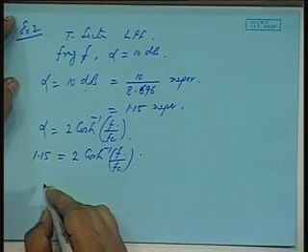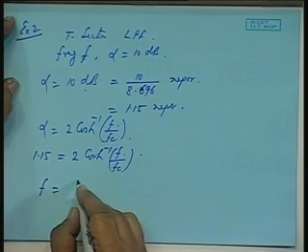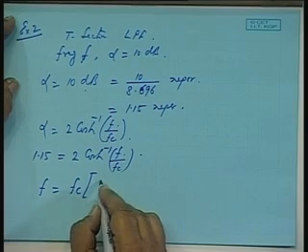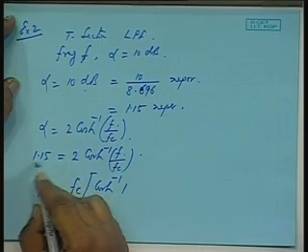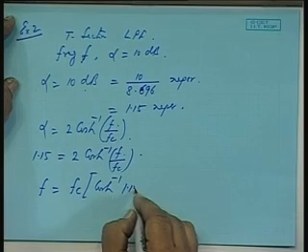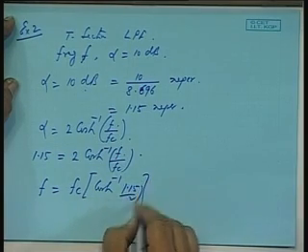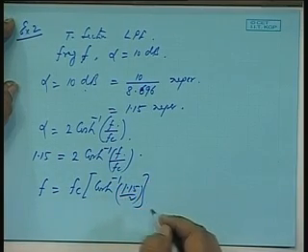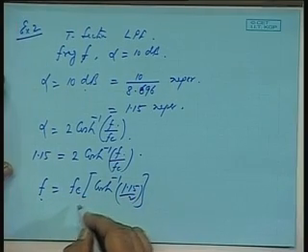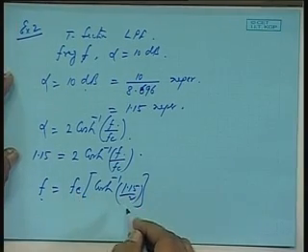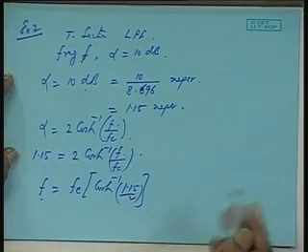So, from here you can see f will be f c into cosh of 1.15 by 2. So, this is the relationship between f and f c at this value of alpha.